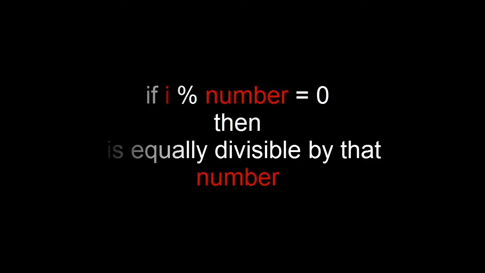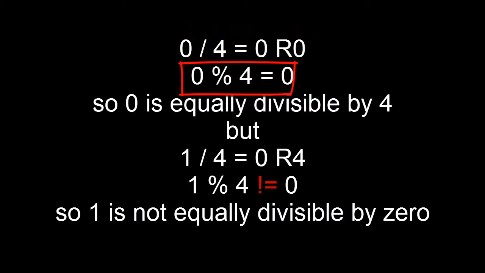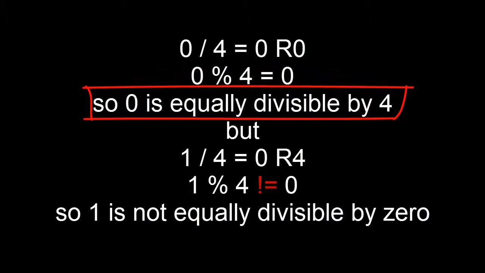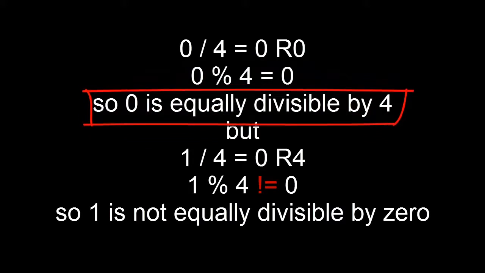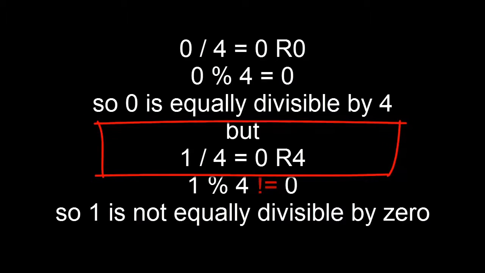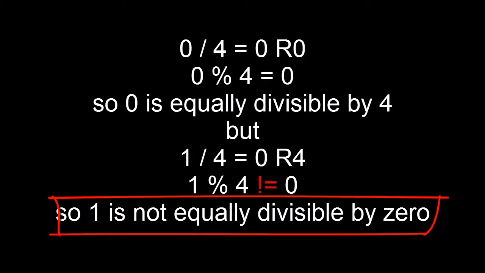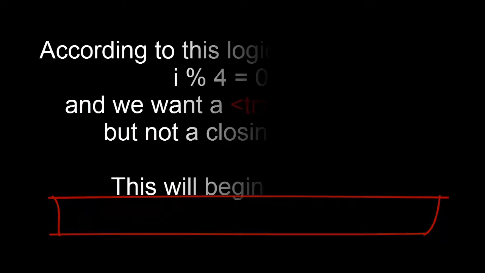For example, 0 divided by 4 equals 0 and the remainder is 0, so 0 mod 4 is 0. So 0 is equally divisible by 4. But 1 divided by 4 equals 0, and the remainder is 1. So 1 mod 4 does not equal 0. So 1 is not equally divisible by 4.